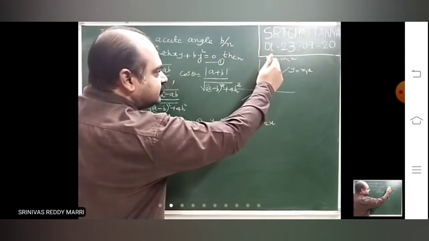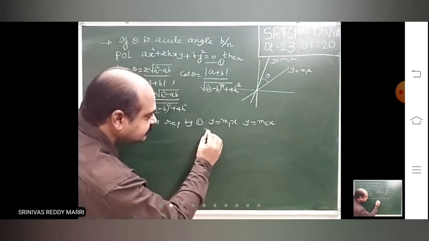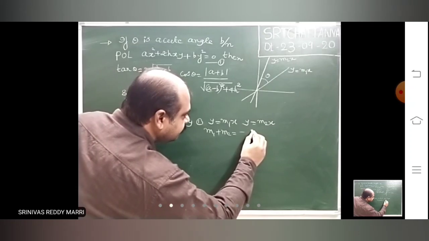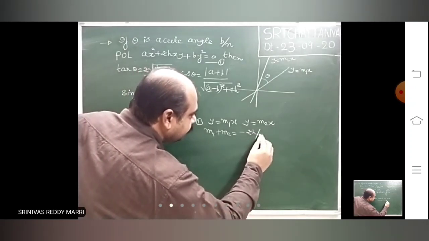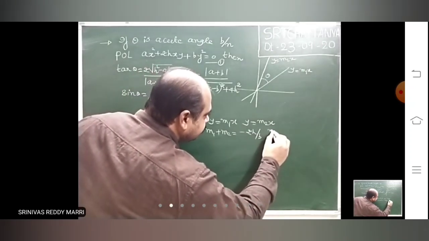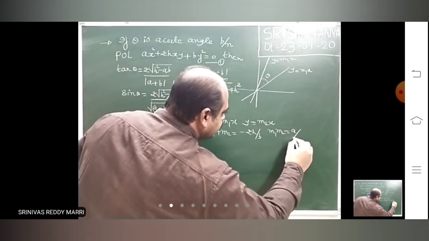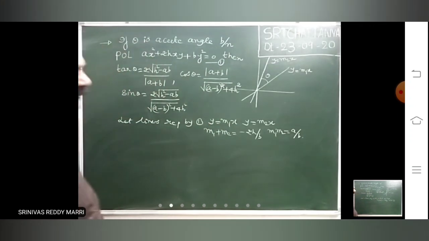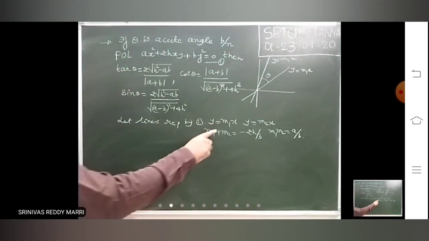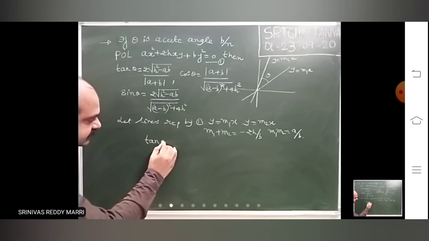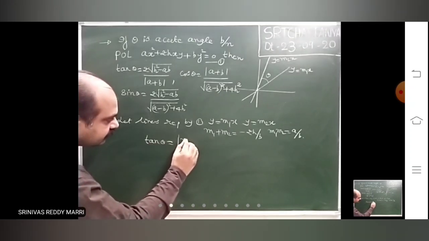That means the slopes are m1 and m2. So what is the relation between the slopes? m1 plus m2 is minus 2h by b, and m1 m2 is a divided by b.